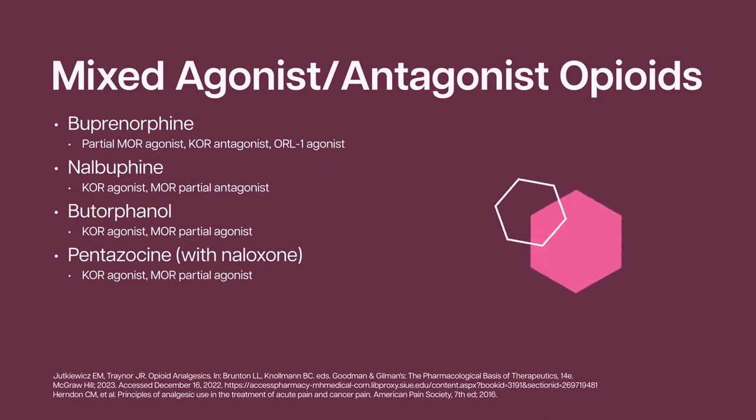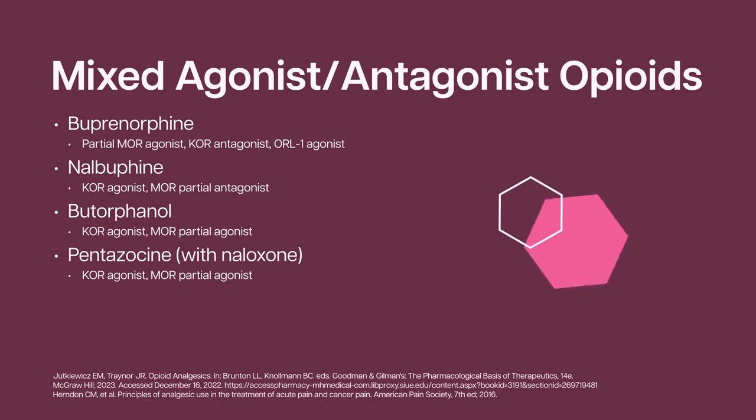Pentazocine, nalbuphine, and butorphanol have similar mechanisms of action, where they are all kappa receptor agonists and partial mu receptor agonists. Pentazocine was created to develop an analgesic with a minimal abuse potential. It is indicated for mild to moderate pain. As mentioned, nalbuphine is very similar to pentazocine, but has fewer side effects.